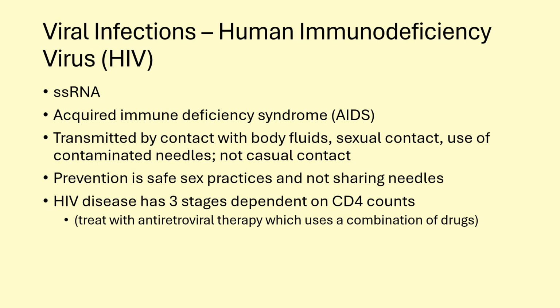How do you treat HIV? You treat with antiretroviral therapy. It's a combination of drugs. There is currently no vaccine against HIV. There has been talk of trying to develop one. That brings in concerns as to how do you test it. And so currently there is not a vaccine for it.